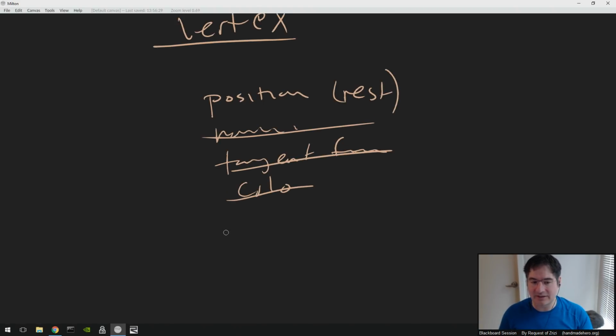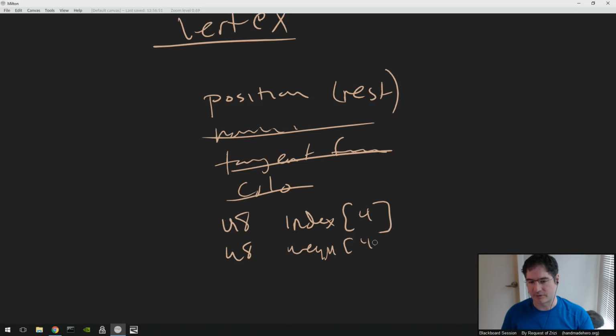And then finally, we have something like a U8 or a U16, depending on how many bones you have, right? Let's say we have a U8, which is just an 8-bit value. That is the index. And we have 4 of those. And then typically we'd also have a U8 or something very small that is the weight, right?